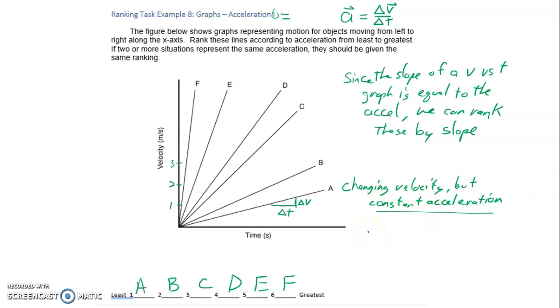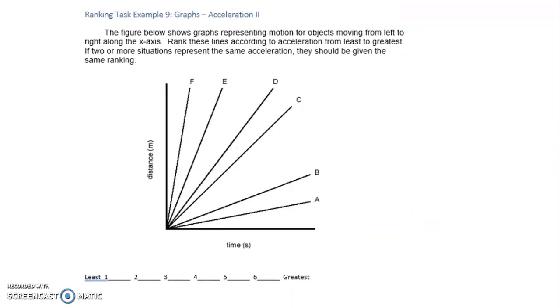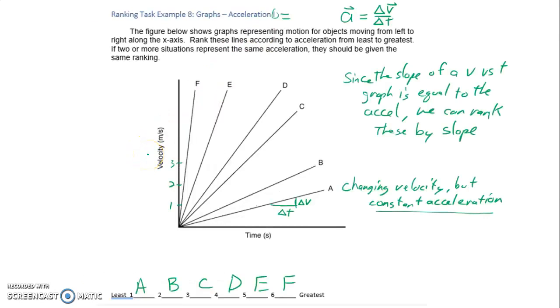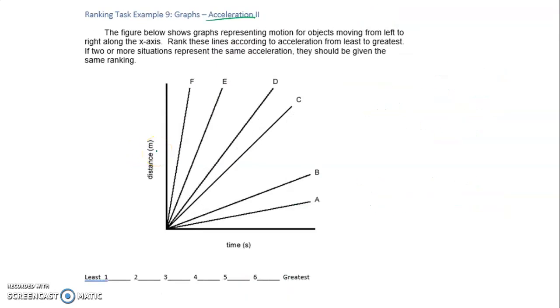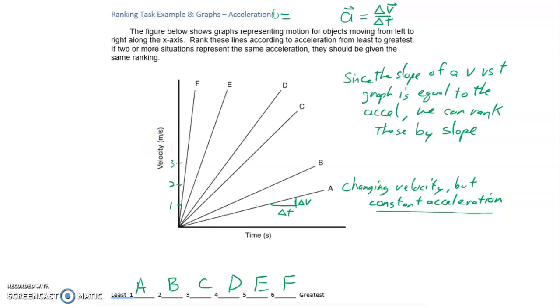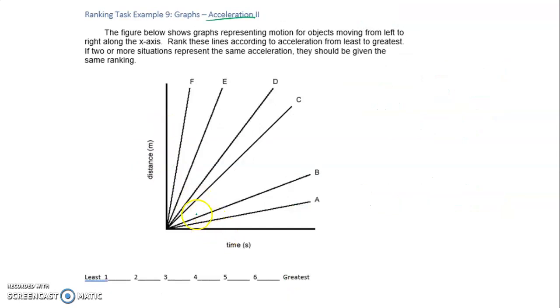All right, let's take a look at one more graph. Here we're also ranking them for acceleration. If we look back to the last one, we were ranking those on acceleration, and this looks like the same graph. However, the axes are different. Well, just the vertical one. The velocity is on the vertical axis there, but on this one, it's distance or position.